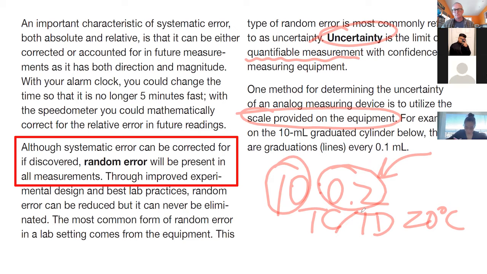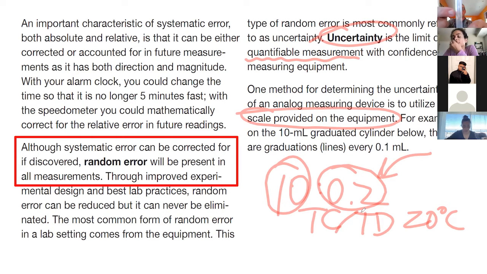Random error? It's close, but look at the divisions. How many divisions are there between each mil? So there's the large line in between each mil, and then there's the short ones in between each large one. How many short lines are there in between each one?